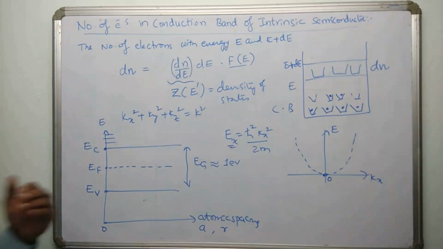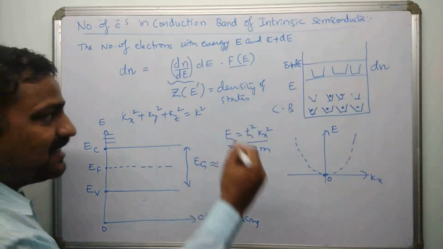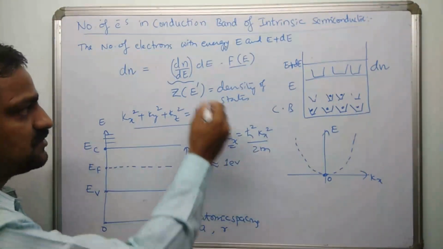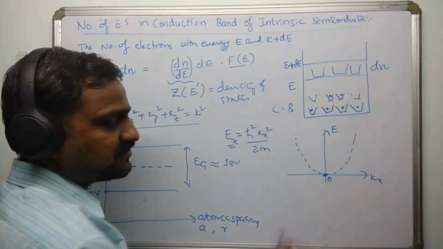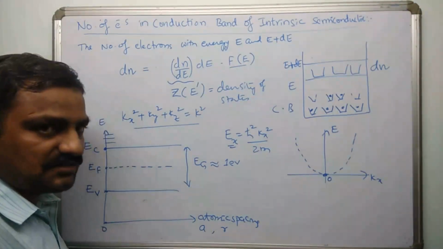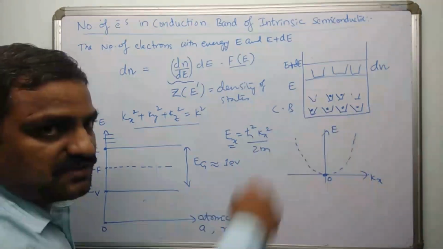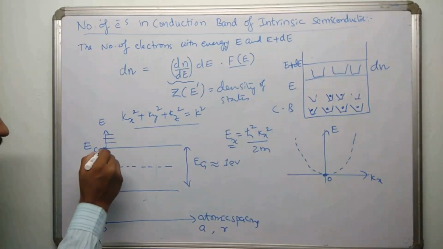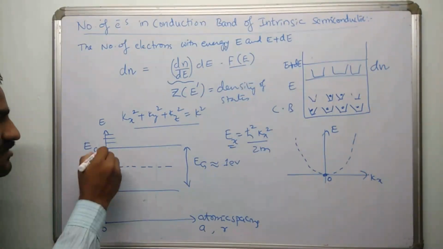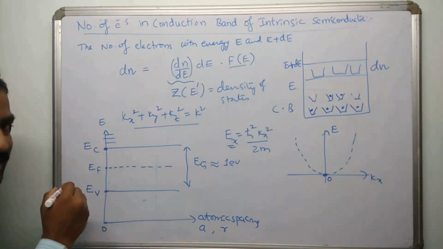And hence, the problem here is, while deriving this density of states expression, the so-called Z of E, we have assumed that the energy of electron starts from 0. Lowest energy electron is starting from 0 energy, and there it takes a parabolic behavior. But unfortunately here in this conduction band, the lowest energy is not 0, but rather EC.